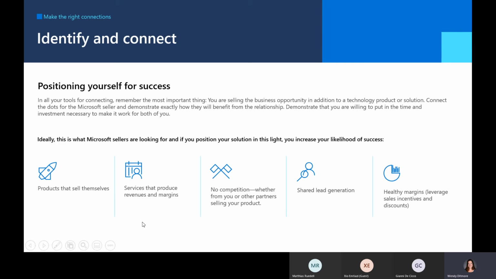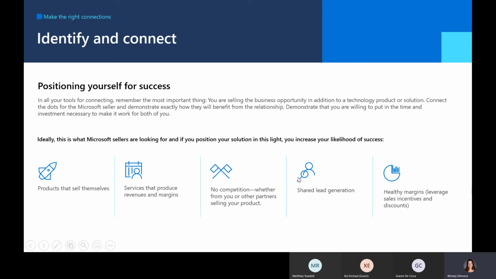So things that you can think about doing to position your solution is to think through things where Microsoft sellers get really intrigued and excited to engage. They're looking for solutions that really sell themselves, that are very clear, that have strong revenue and produce great margins. And they always love to see a solution where there's no competition and there aren't other partners who have a solution like yours.